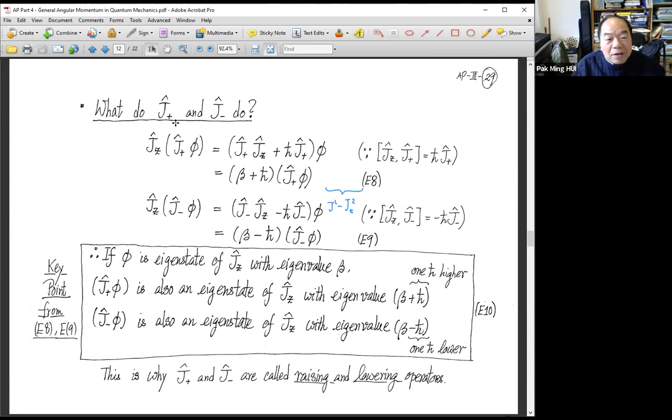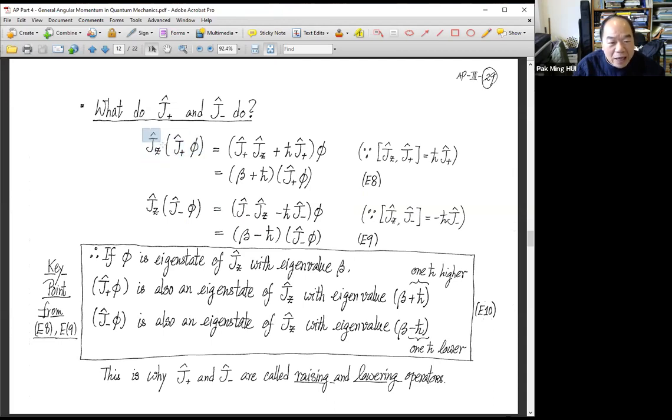So now we operate J plus onto our simultaneous eigenstate and then test whether this, after operation, which is a new function, is still an eigenstate of Jz.